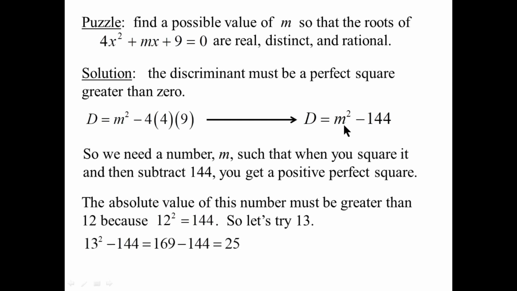And 13 squared minus 144 is 169 minus 144, and that's 25. So if m was 13, the discriminant would be 25, and 25 is a perfect square, and that would make the roots rational, because the roots are rational when the discriminant is a perfect square. So 13 is a possible value for m. Negative 13 is another possibility.